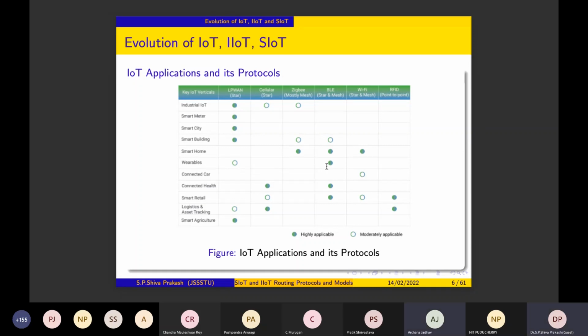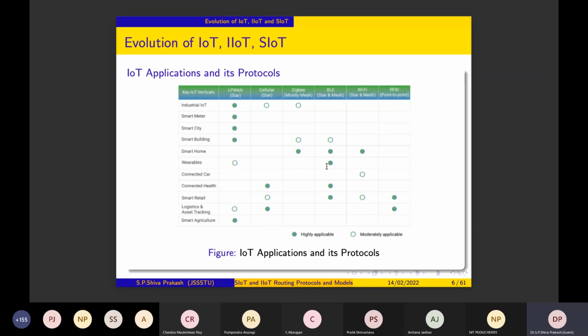for an industrial IoT, you can use different types of protocols. So one is LPWAN, or cellular, Zigbee, Bluetooth, Wi-Fi, RFID, right?